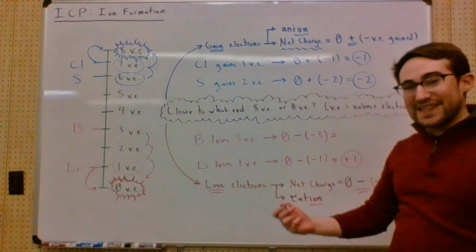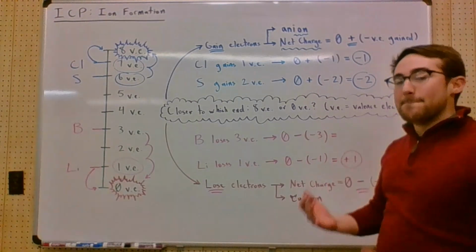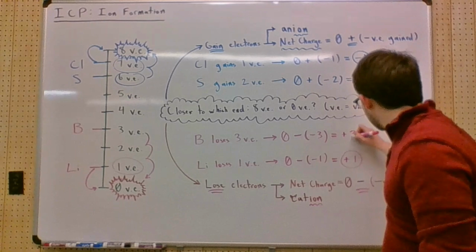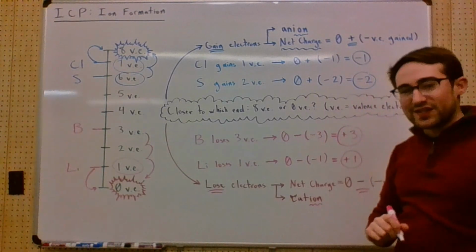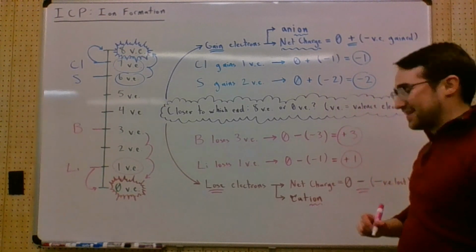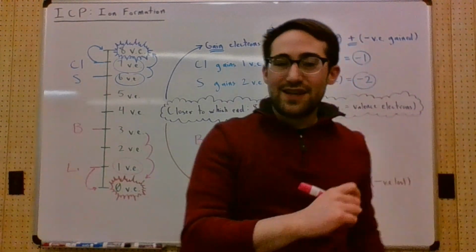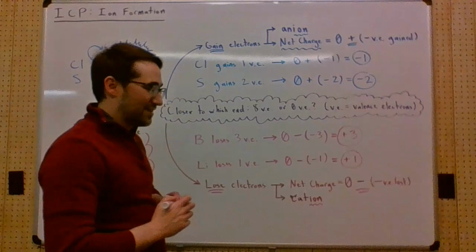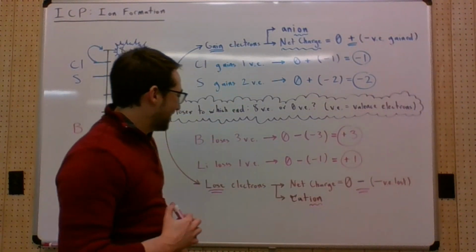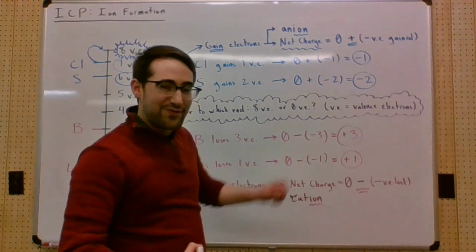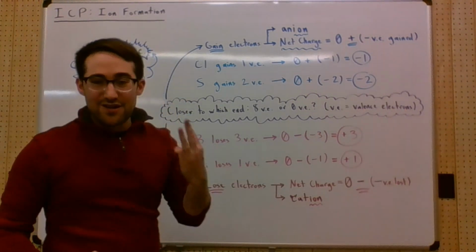So minus -3 is going to become +3. So this boron ion, kind of hard to say, is going to have a +3 charge. And if it's a positive ion, this is also called a cation. So boron becomes a cation with a +3 charge by losing 3 valence electrons.